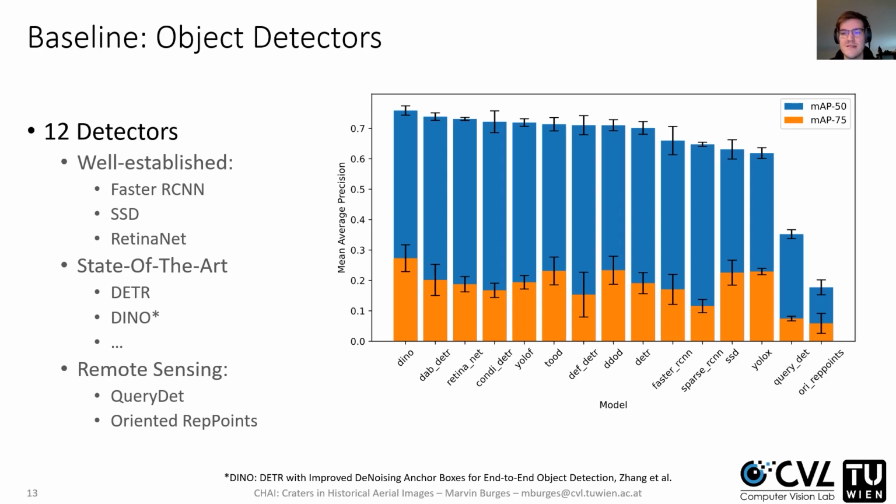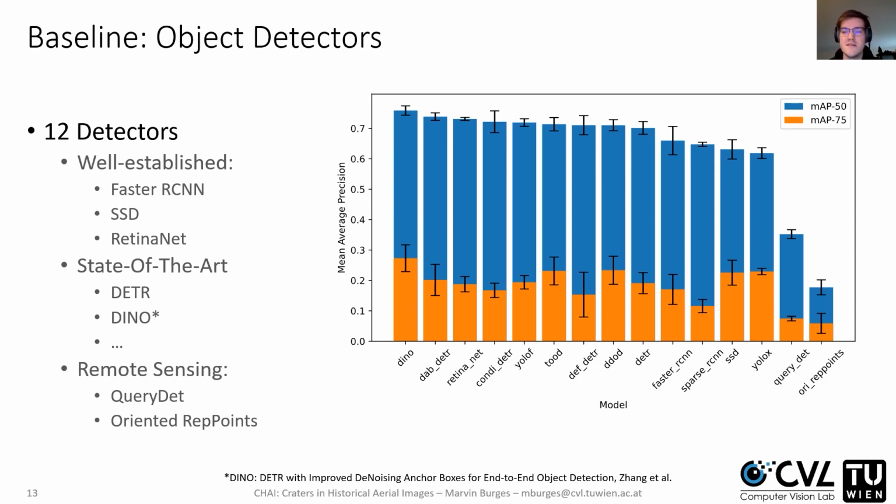We expect that it's due to the fact that both of these require oriented bounding boxes, and while oriented bounding boxes make sense in remote sensing, they do not make much sense with craters, because there is no correct orientation for a crater. So learning that is probably impossible, and therefore the performance of these object detectors is significantly worse.